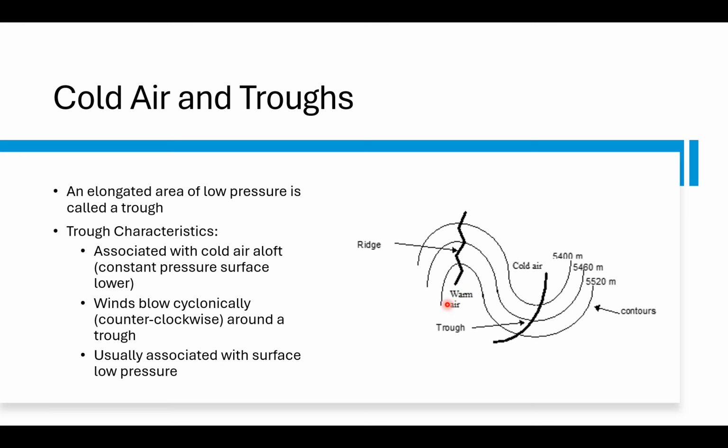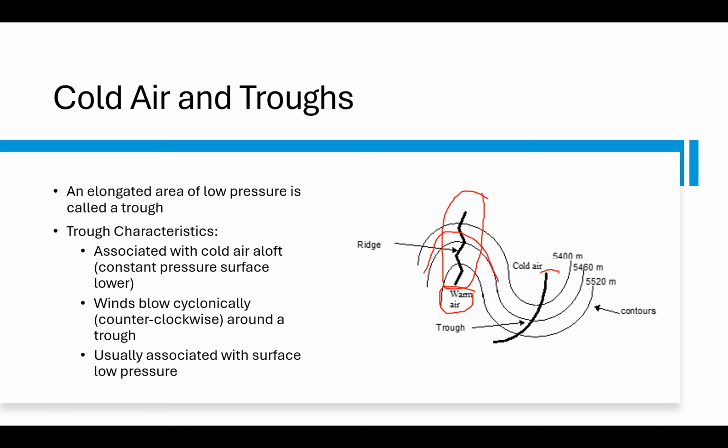You notice how in the ridges here, let me go ahead and draw this out for you, or just highlight some key points. Okay, so this area here is known as a ridge axis, the sawtooth line here. You notice how that ridge takes on more of an upside down U shape. And beneath this ridge, you have warmer air, okay? So you would have higher heights or higher constant pressure surfaces associated with this ridge in the upper levels of the atmosphere.